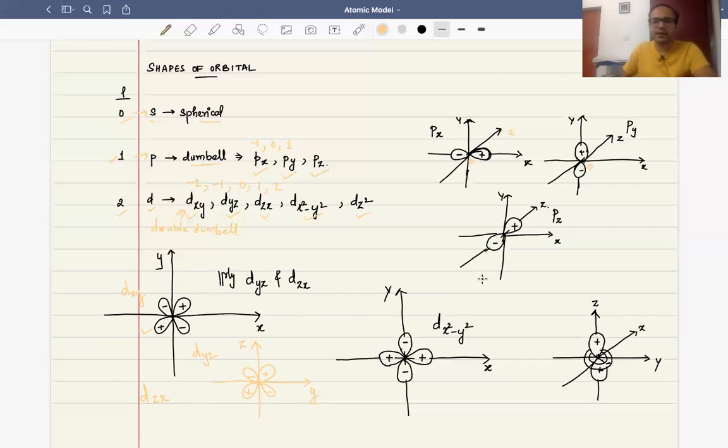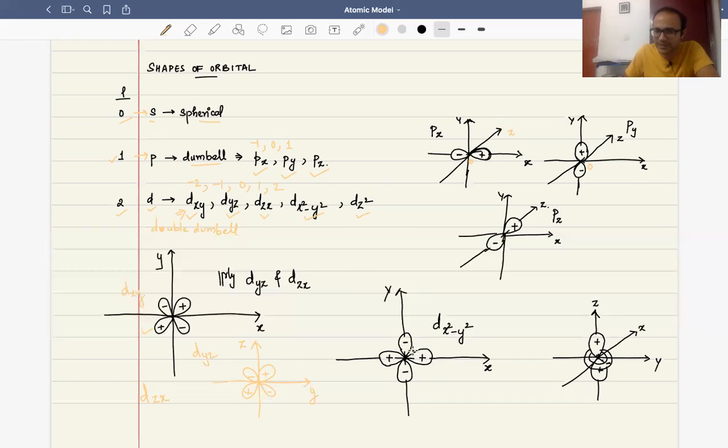Okay. Now coming to dx square minus y square, it is very easy to remember. When you have dx square minus y square, they also have a double dumbbell shape. Only thing is now the dumbbells are oriented along the axis. So since it's x square minus y square, you have to draw only x and y.